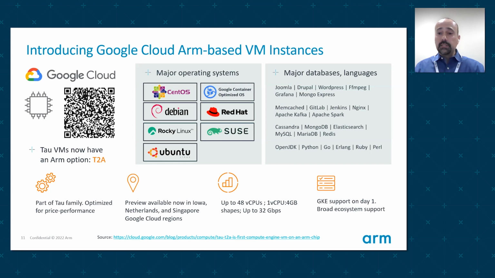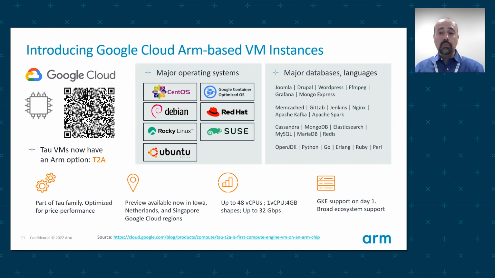Google's ARM-based instances come with leading Linux distribution support, Google's container-optimized OS, along with the support of major database and programming languages. As you would expect from Google, these Tau T2A VMs enjoy Kubernetes GKE support right from the start. This includes support for both ARM only and ARM and x86 multi-architecture clusters.